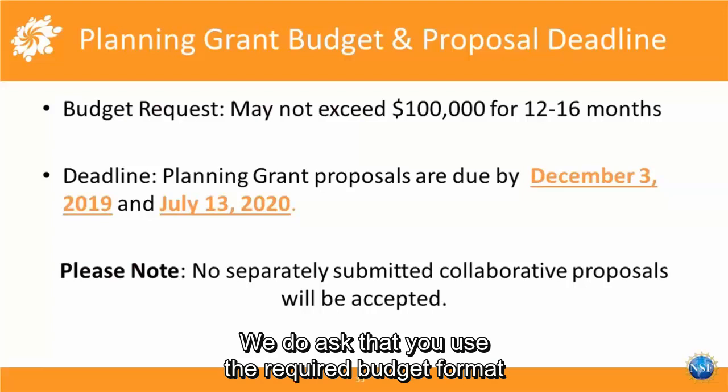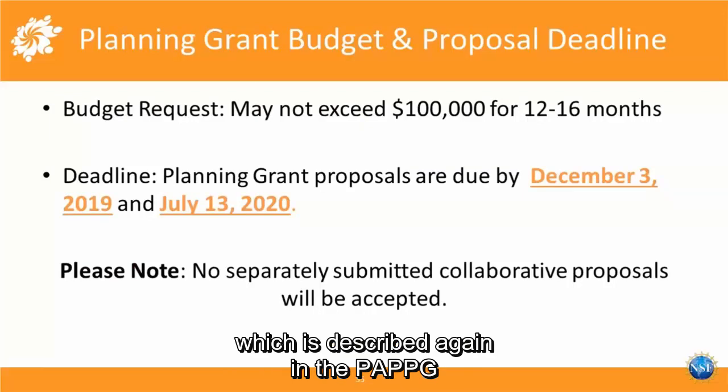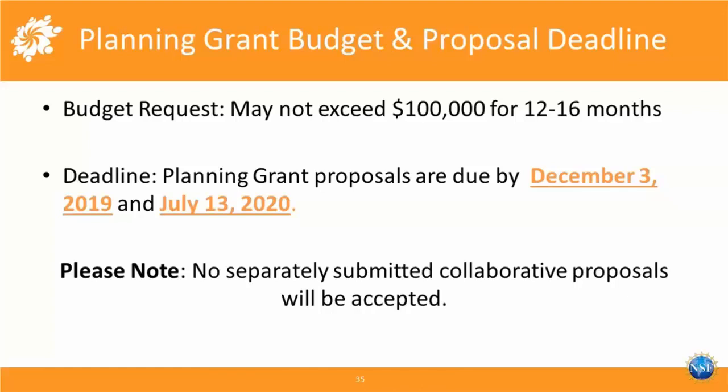We do ask that you use the required budget format for NSF proposals, which is described again in the PAPPG. The deadline for the submission of planning grant proposals is December 3rd, 2019.